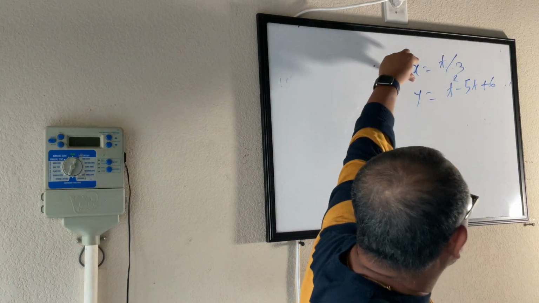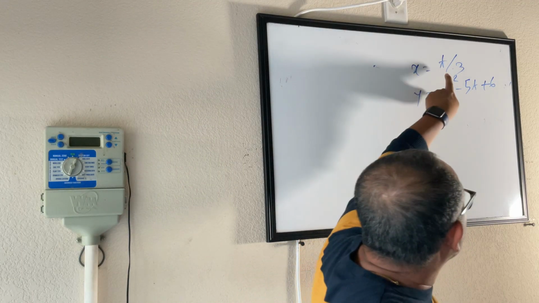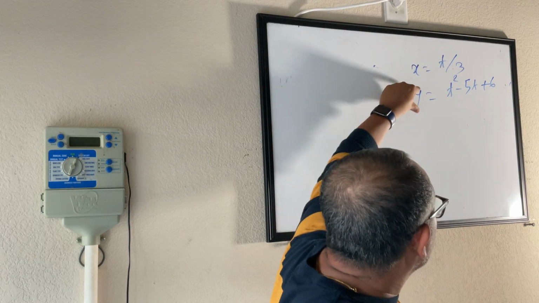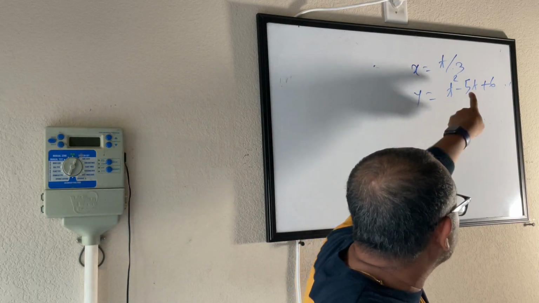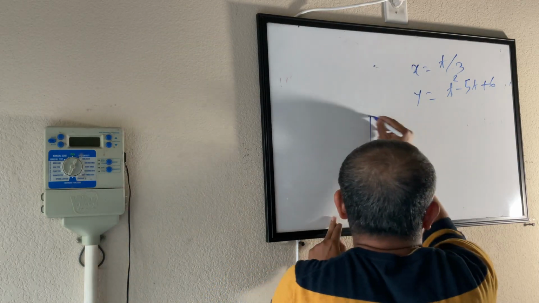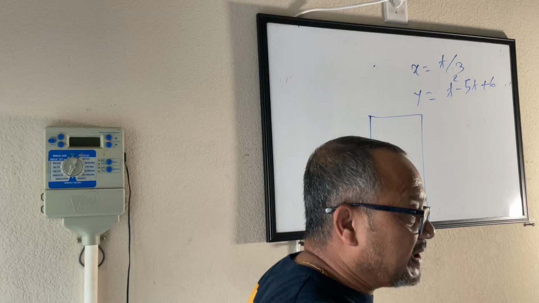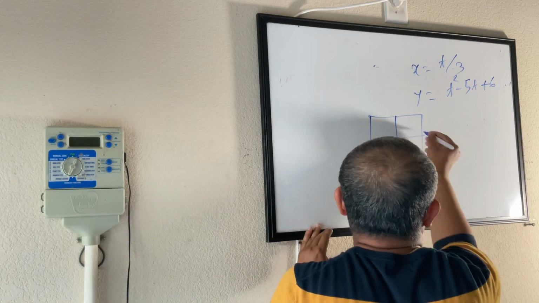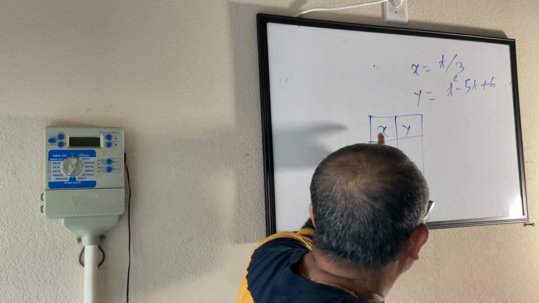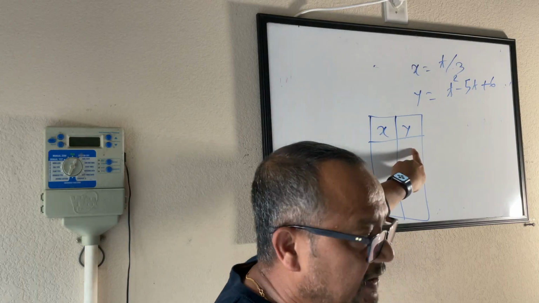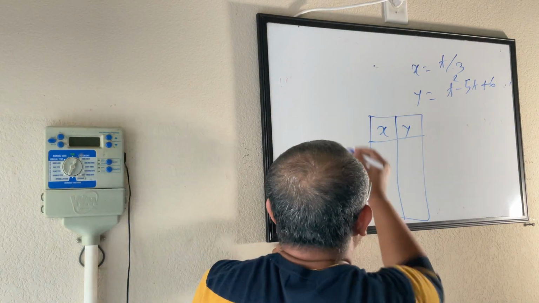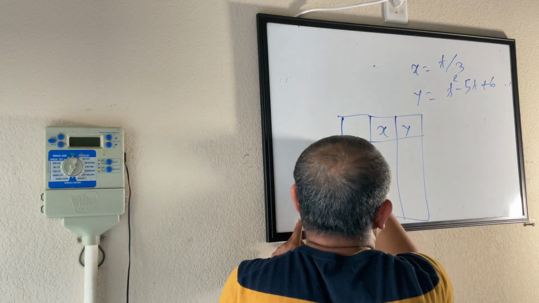You know that you can derive the value of x by substituting the value of t. Similarly, for the same value of t, you can derive the corresponding value of y also. So far when we were drawing it in the coordinate plane, we had an equation for x and y, and I would put the value of x and determine the corresponding value of y. Here we are saying, okay, everything is dependent on t.